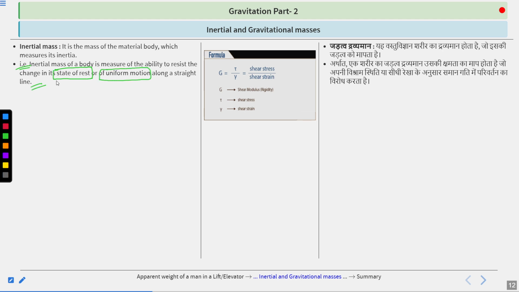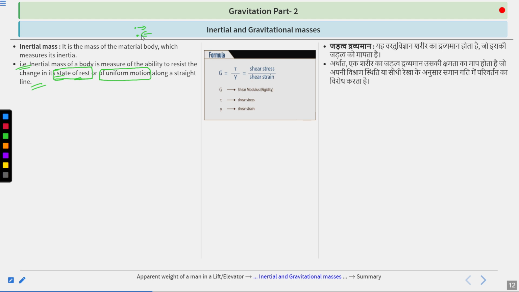If you remember the lecture on Newton's laws of motion, where we had discussed this in detail, there is a term inertia that we use, and inertia is actually the ability of any body, by virtue of which the body could resist any change in its state. Like if it's at rest, it will resist moving. If it's moving, it will resist coming to rest. So this is actually the inertia.